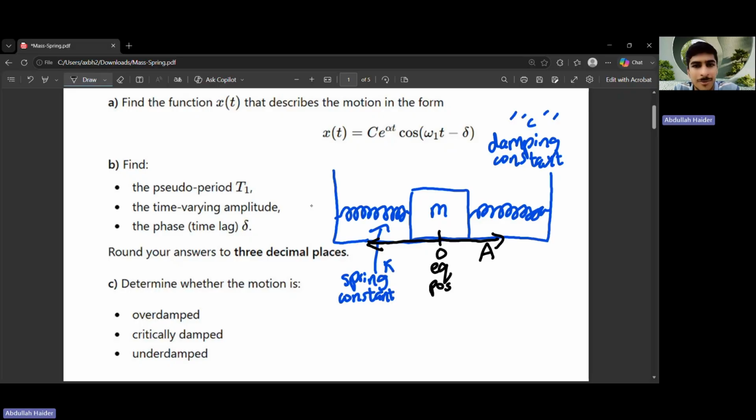In some questions you will be given a word problem, and you need to find the equation of motion from it first. You need to know how to find the period, time lag, time varying amplitude, and determine whether it's critically damped or if there is any damping at all. We'll address that in a while.